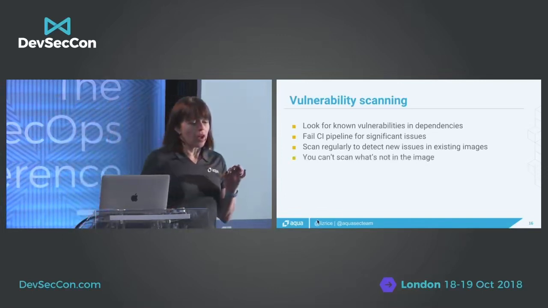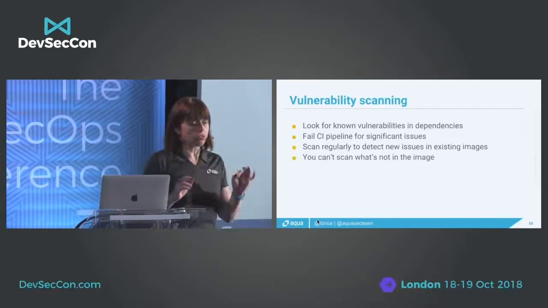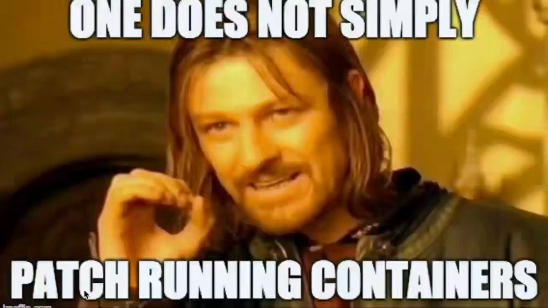And then it's kind of obvious, but your scanner can only scan the contents of the image that it's looking at. So this takes us to an anti-pattern that hopefully none of you are doing. You should build your container images and then treat them as immutable.